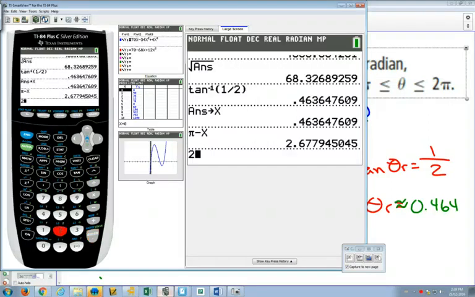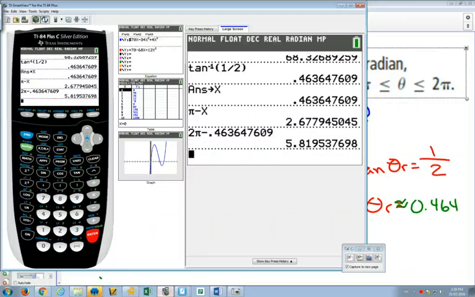And we can go 2 pi minus x and get it that way for us as well. Some of you with a newer operating system, you know how you can just go up and actually push enter on an answer that you have. That works as well. So there's a couple of ways to get these answers in a shortcut form. So you have 2.7 and 5.8.